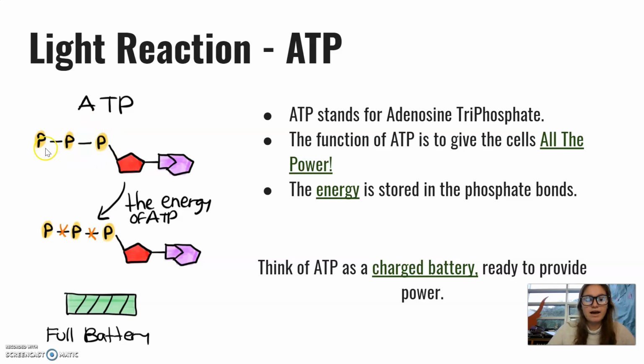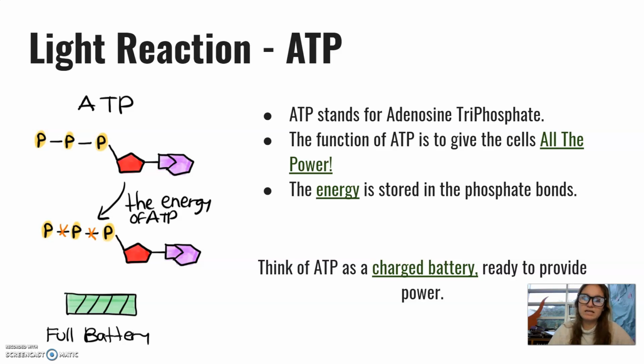You'll notice that these 3 phosphates are held together by 2 bonds. Those bonds are where energy is stored. So when we say that we are creating adenosine triphosphate in the light reaction, we're really just saying we're forming, or reforming, those phosphate bonds because we're just storing energy in those bonds.